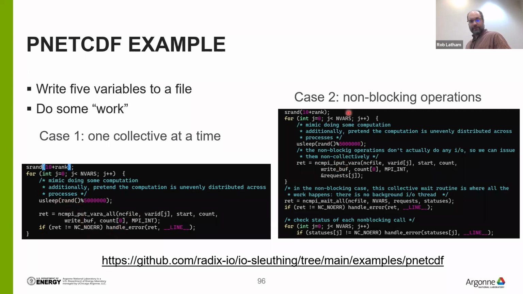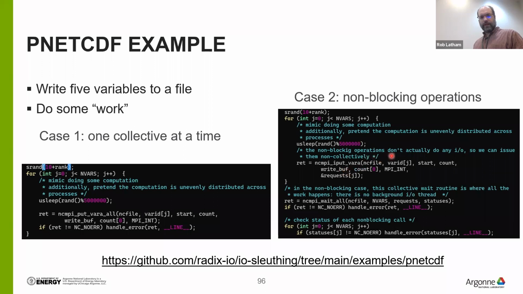Over in the non-blocking case, it's very similar. We have the 5 variables. They're possibly delaying a little bit between each time they issue a write operation. But when it's an I put here, a non-blocking write, we don't have to wait for all the processes to enter. We can continue on to the next round. Now there's some memory reuse, some buffer rules here.